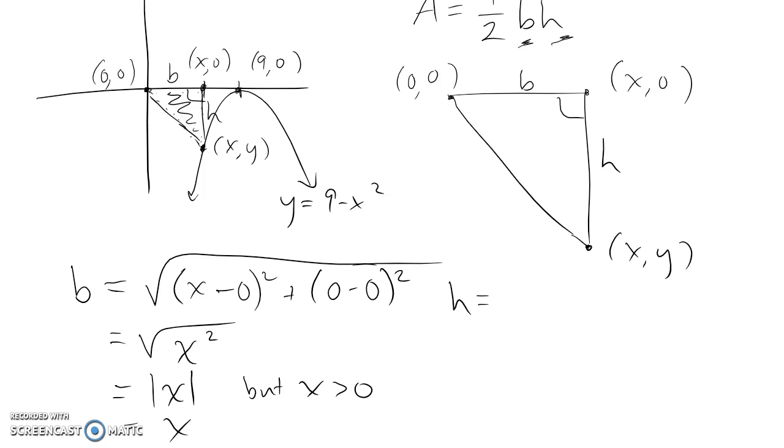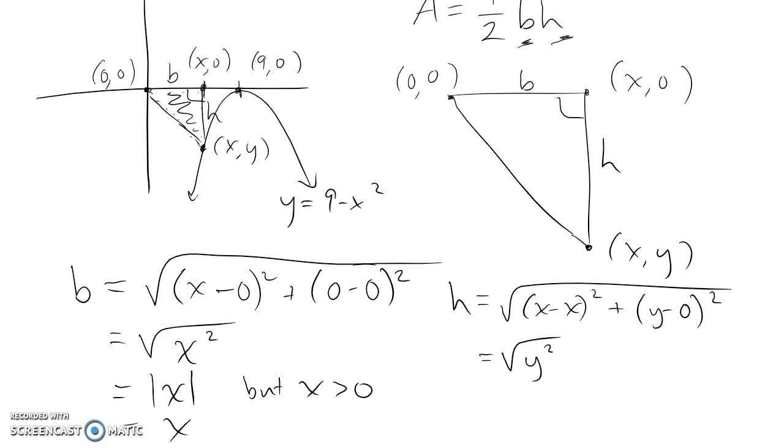We can then express the length of h in a similar manner. The difference in its x-coordinates is 0, but we're going to add that to the square of the difference in the y-coordinates. So we get 0 plus y squared, which is the square root of y squared, or the absolute value of y.